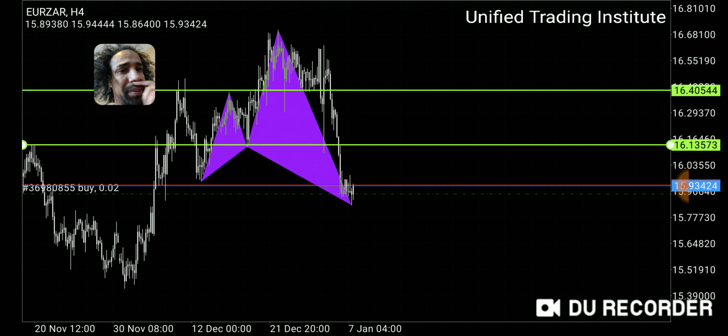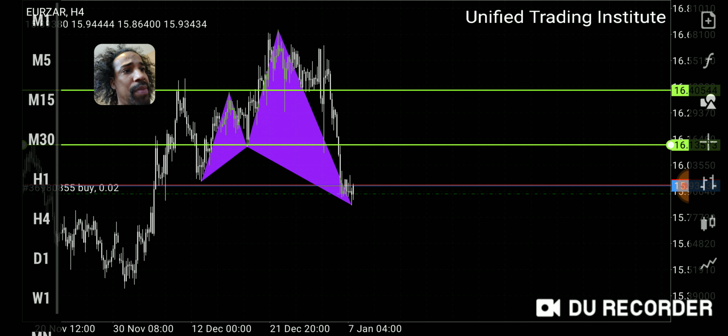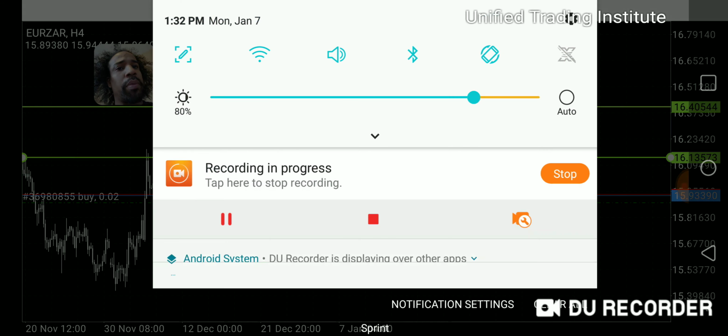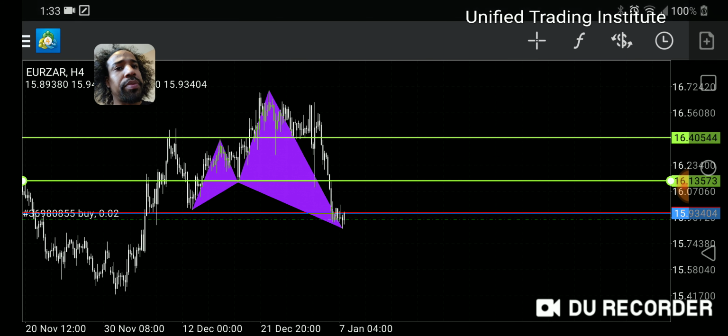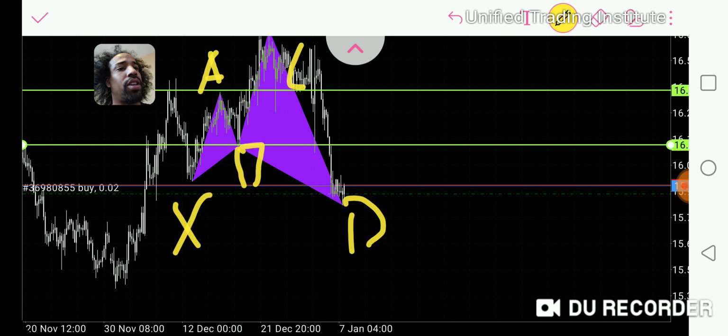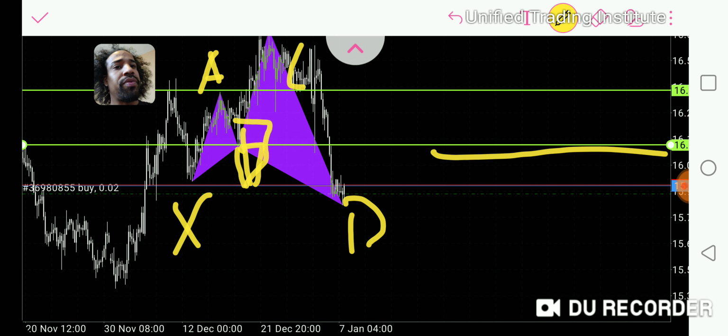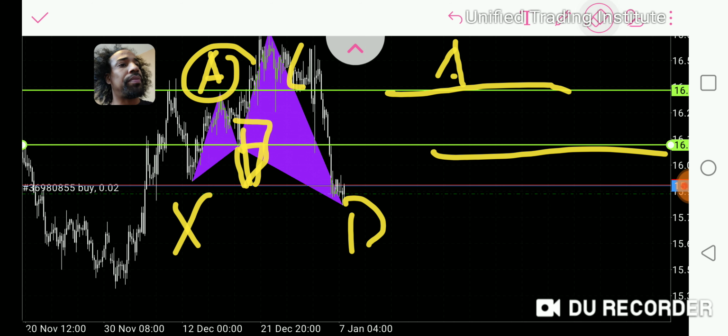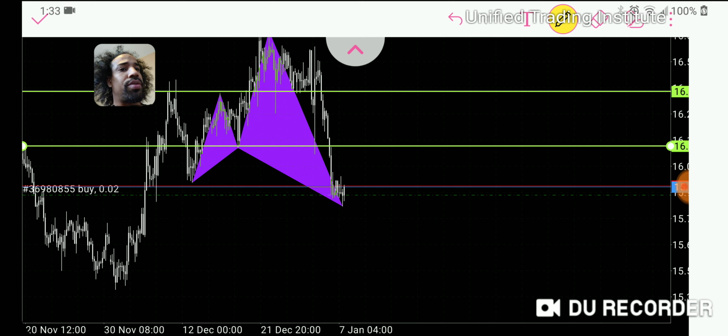So the A and B is what those are based off of. What do I mean by A and B? Let me show you guys. So here you have X, A, B, C, D. This zone comes from the B right here, and this zone comes from the A right here. Okay, so pretty cool stuff there.